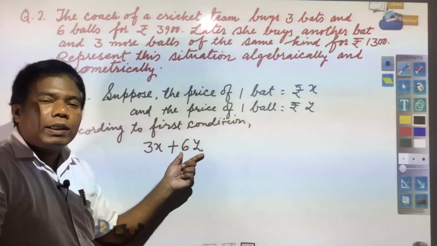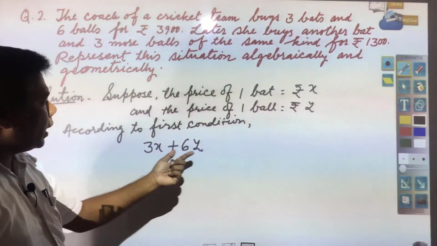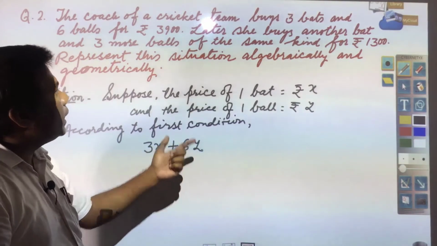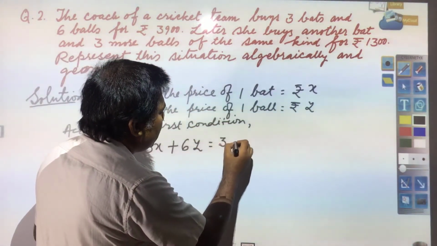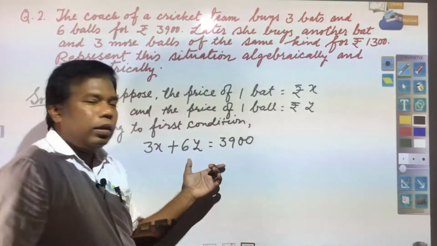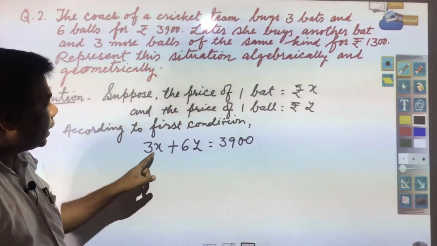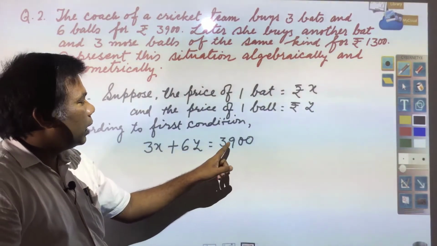Together for 3 bats and 6 balls she is paying 3,900. So you have got the first equation, 3x plus 6y is equal to 3,900.